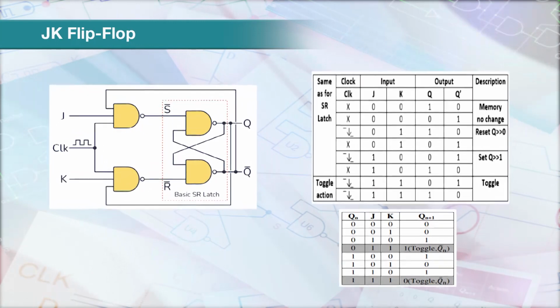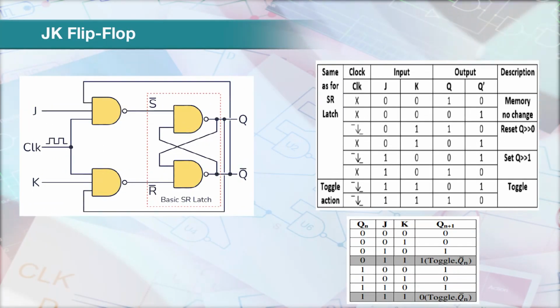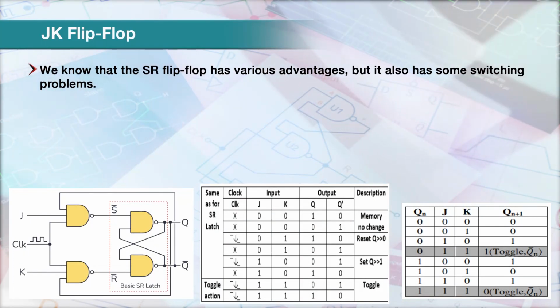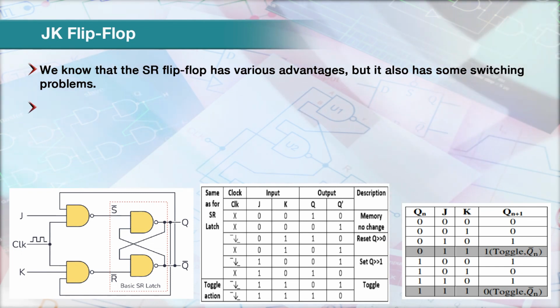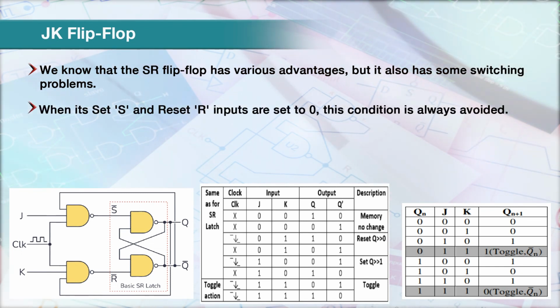JK flip flop. Here we are discussing a significant improvement over the RS flip flop, that is the JK flip flop. We know that the RS flip flop has various advantages, but it also has some switching problems. When its set S and reset R inputs are both set to 1, this condition is always avoided.